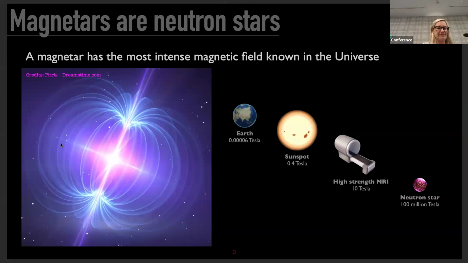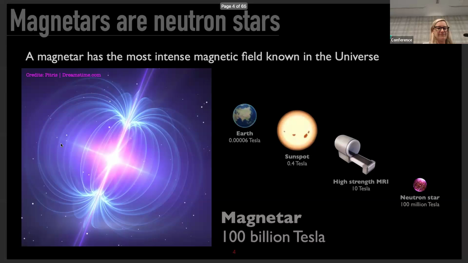But on top of that, they are even more extreme than regular neutron stars because of their magnetic field. This is a very outreachy slide that I actually show in outreach talks, but you can focus on the more sciencey numbers. That is the magnetic field around neutron stars. There's a comparison: 100 million Tesla for a regular neutron star, and for a magnetar, we are talking about 3 orders of magnitude higher.